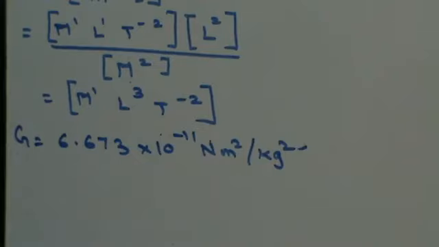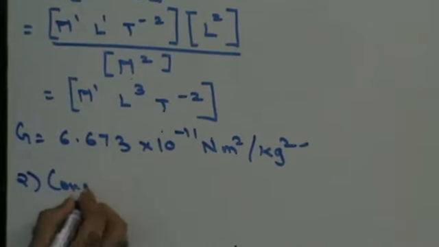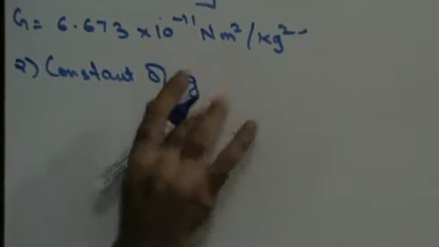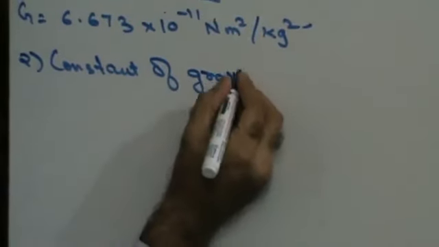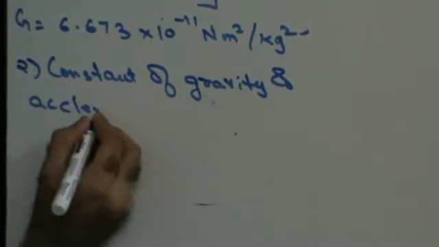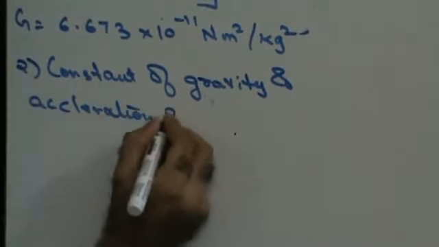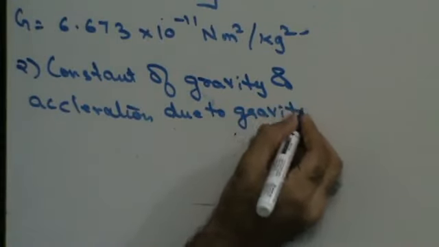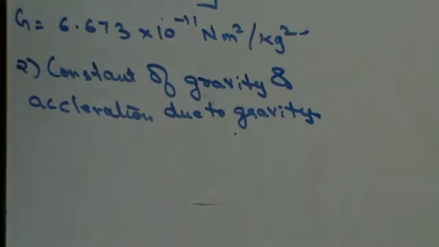Now let's find out the relationship between constant of gravity and acceleration due to gravity. Right? Now, let us consider a body of mass m situated on Earth.